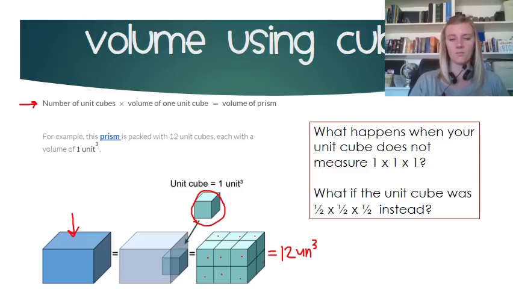Okay, that's the volume of this box. But what happens when your unit cube does not measure 1 by 1 by 1, which this unit cube did? What if instead it was 1/2 by 1/2 by 1/2? That's what you're going to encounter today in your quiz. So let's have a look.